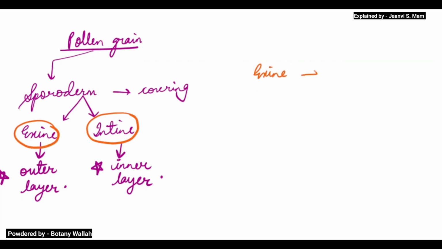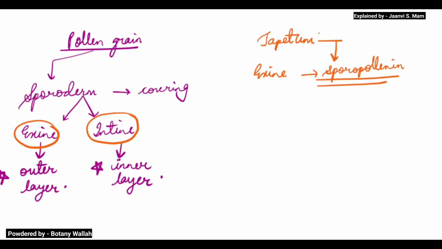Exine is made up of sporopollenin, and this chemical is actually formed in the tapetum. In the tapetum there are Ubisch bodies, and these bodies come and bind to the pollen grain, and hence form the sporopollenin chemical above the pollen grain.